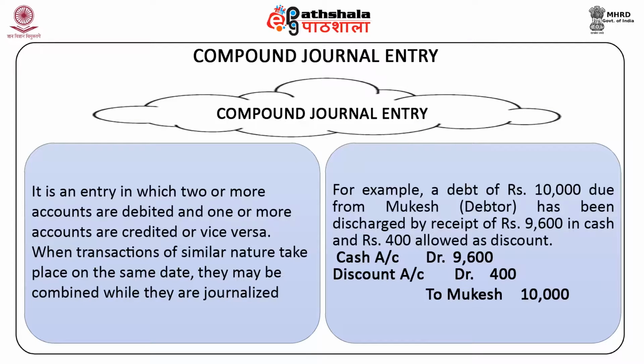For example, a debt of rupees 10,000 due from Mukesh, debtor, has been discharged by receipt of rupees 9,600 in cash and rupees 400 allowed as discount. We can pass the following entry. Cash account debited 9,600, discount account debited 400 to the credit of Mukesh account 10,000.